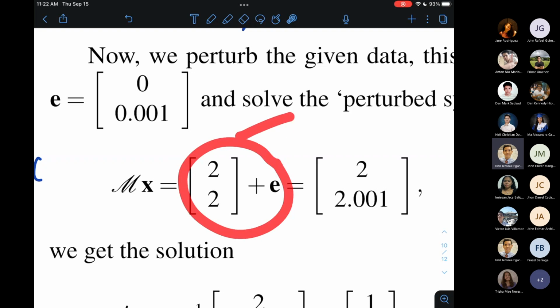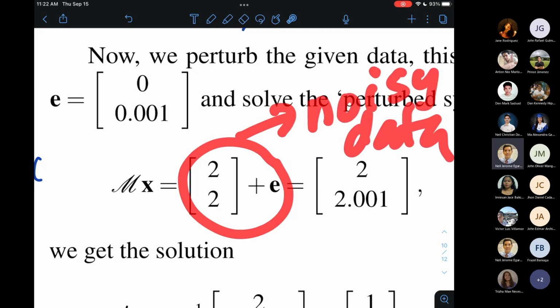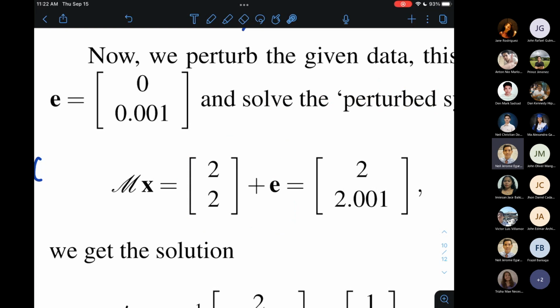We can call it as the noisy data. Kasi yung data mo na ginagamit dito sa inverse problem na to ay tainted by measurement noise or data noise. So instead of our right-hand side equal to 2,2, yung right-hand side niya naging 2 at saka 2.001.